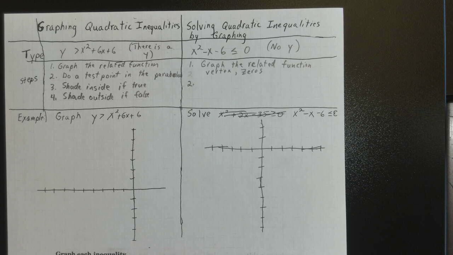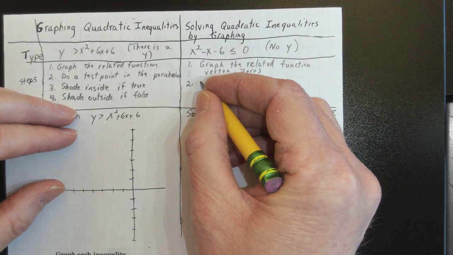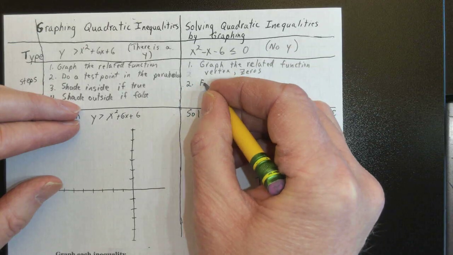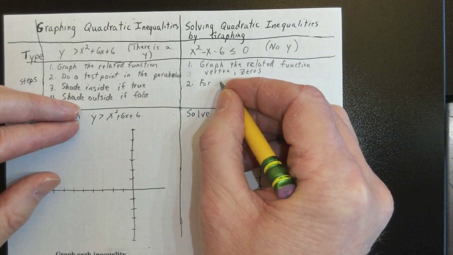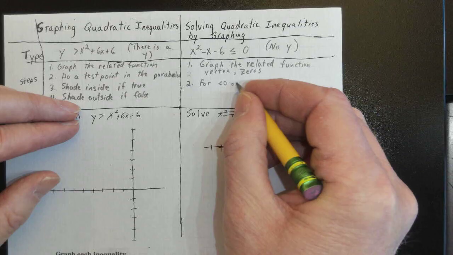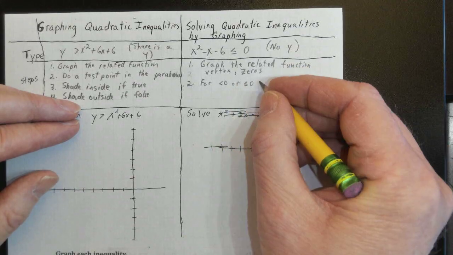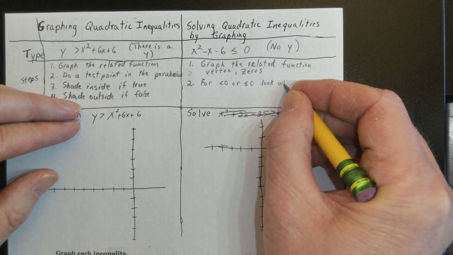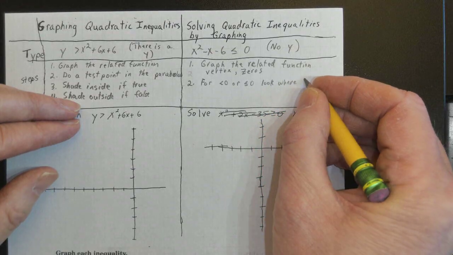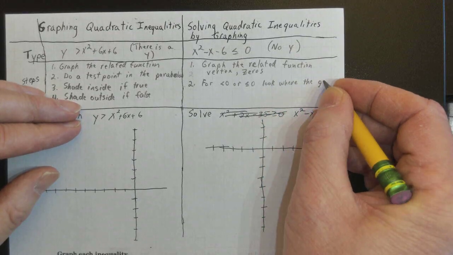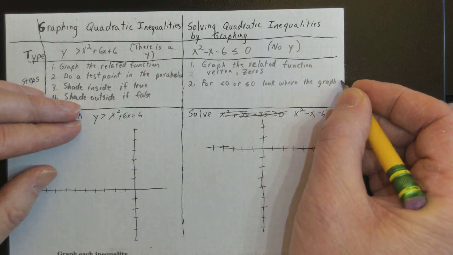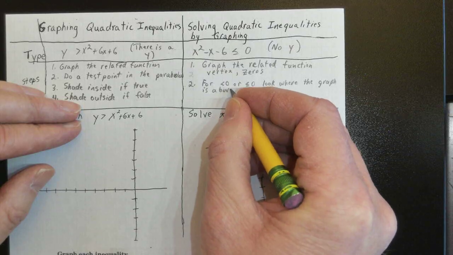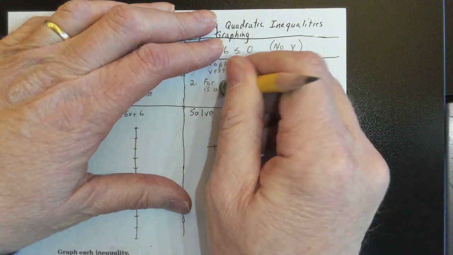And then after you've graphed, for less than 0 or less than or equal to 0, look where the parabola is above.